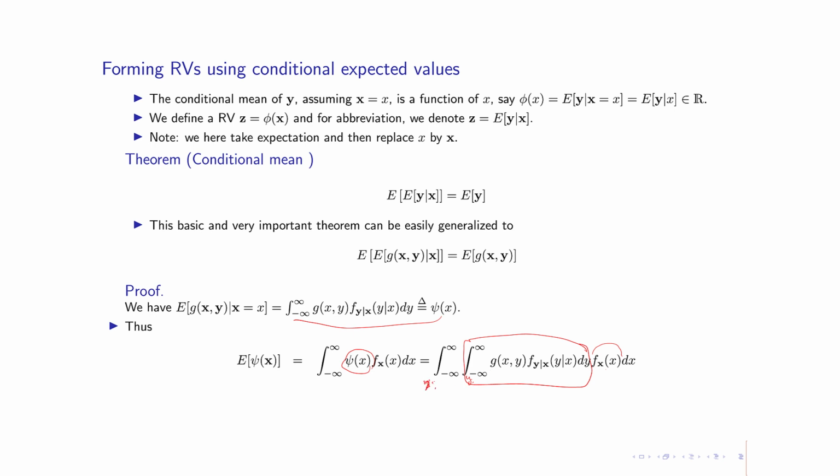Because y and x are not interrelated and these boundaries are not either, I could put this f_X inside here, and then I have the fact that f_X(x) times f_{Y|X}(y | x) is equal to the joint distribution f_{XY}(x, y). So I put it there, and the product of these two becomes the joint PDF.